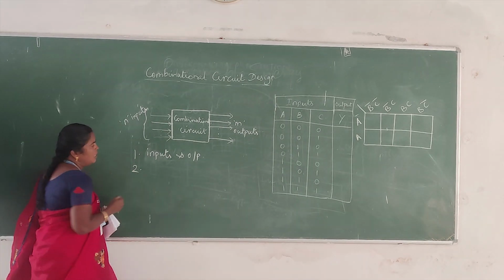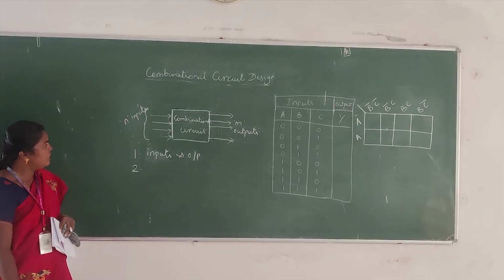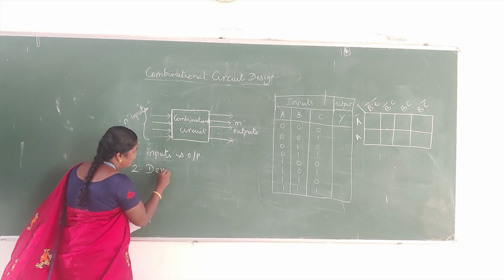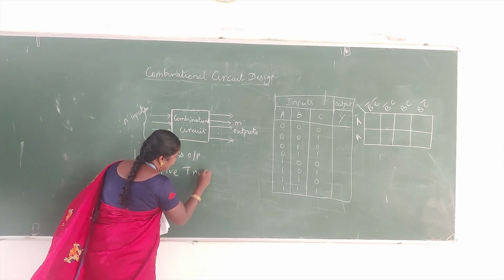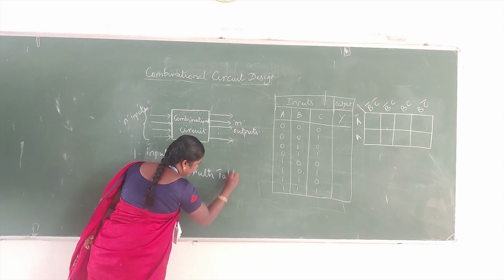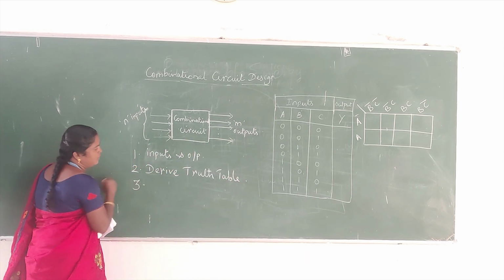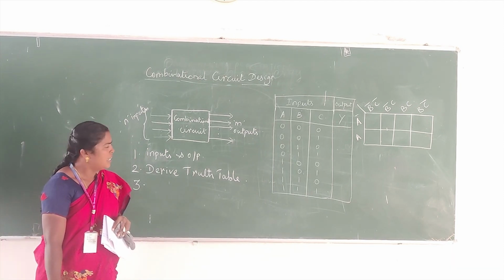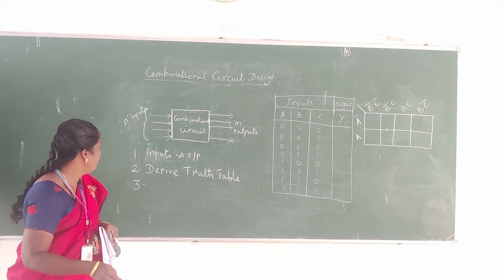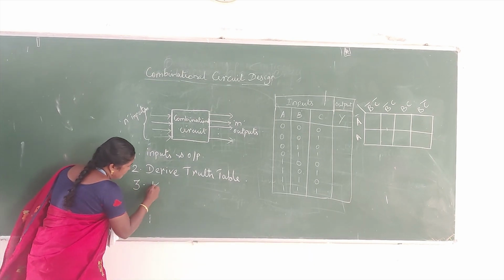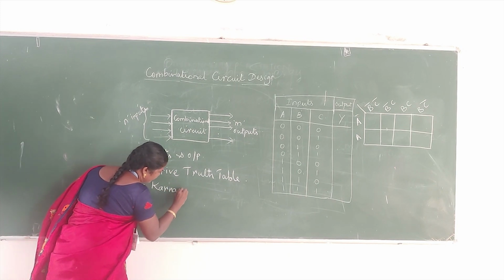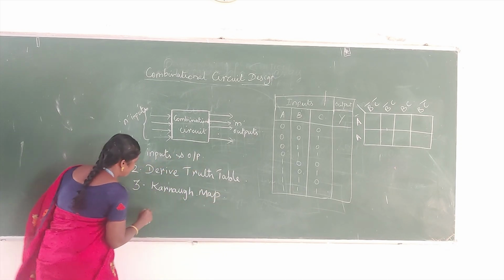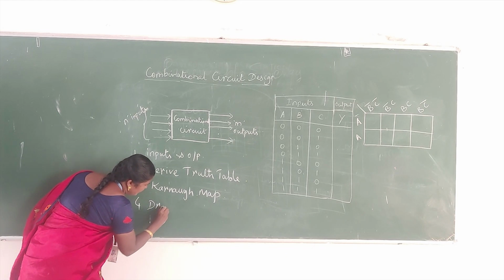And then second, the relationship between the inputs and outputs, we derive the truth table. In order to minimize the number of gates and increase the speed and reduce delay time, we use the Karnaugh map simplification, and then draw the logic diagram.